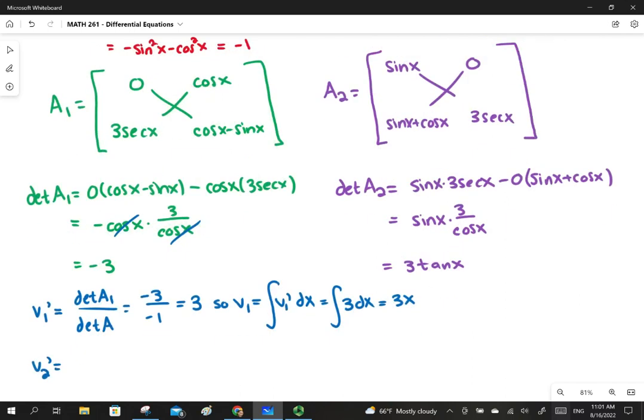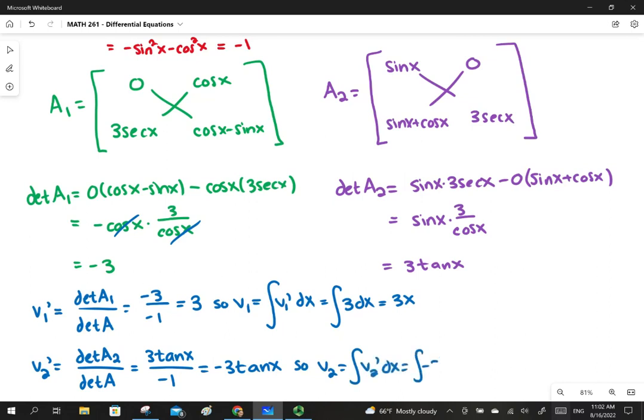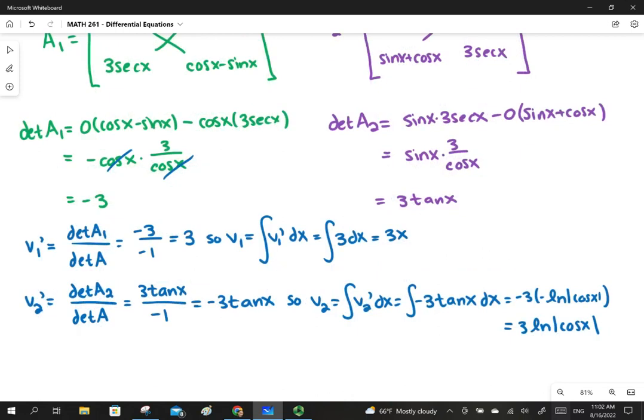And v2 prime is the determinant of A2 over the determinant of A, so 3 tangent x over negative 1, which is negative 3 tangent of x. So v2 is the antiderivative of negative 3 tangent x with respect to x, which is negative 3 times the negative natural log of the absolute value of cosine, so 3 natural log of the absolute value of cosine.